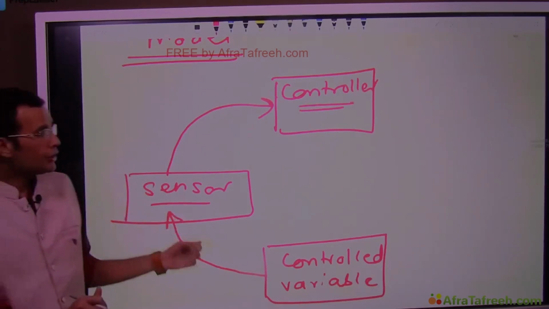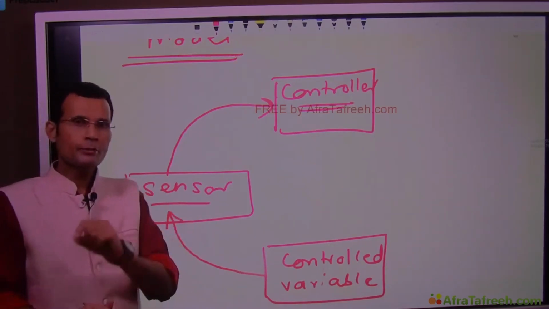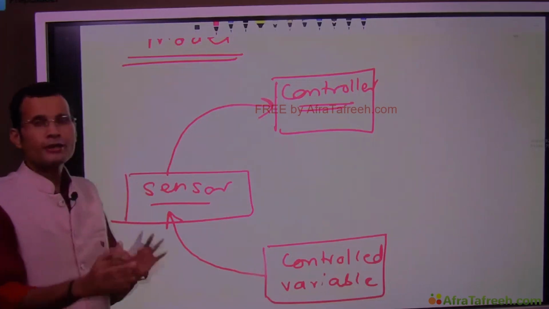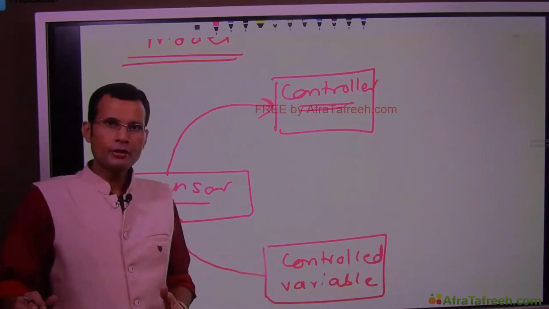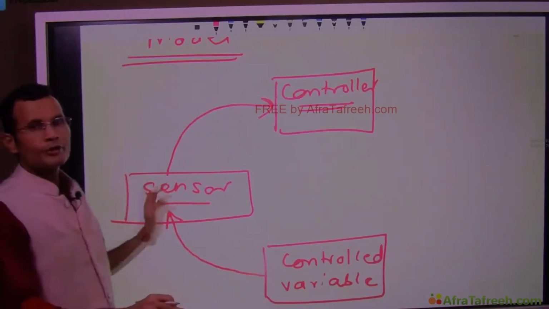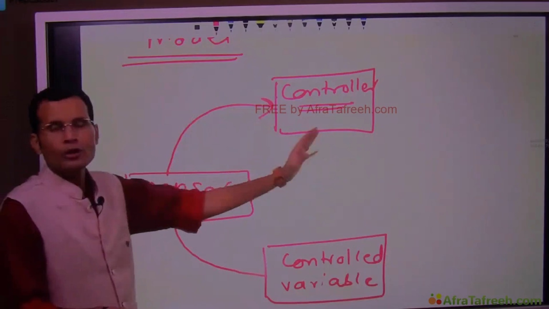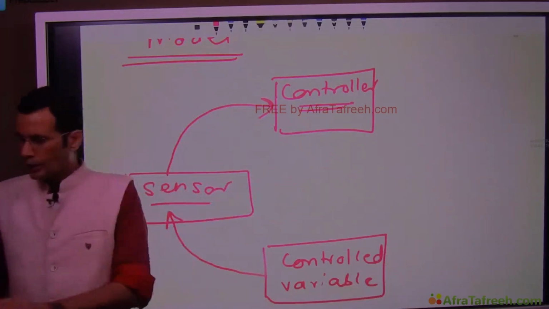For example, blood pressure is a control variable. Then baroreceptors are the sensors, and they will send the signal to the vasomotor center, which is the controller.